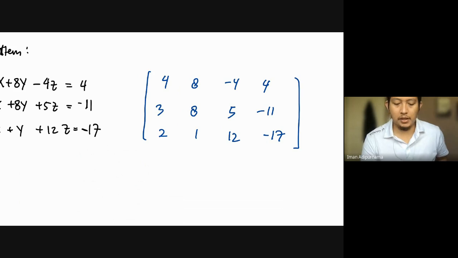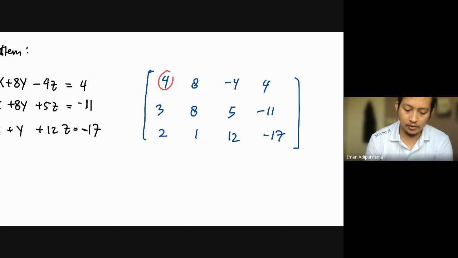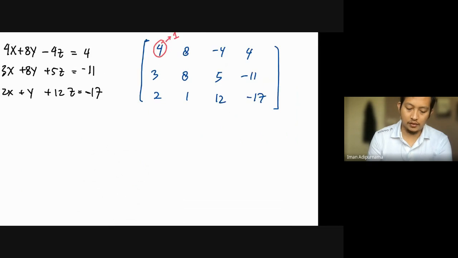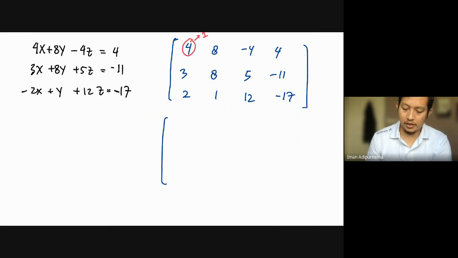Okay, first, based on what we have done before and what we have learned in row echelon form, the first thing is making this leading entry into 1, right? So we need to divide all by 4. So taking that row makes this 1 over 4 1.